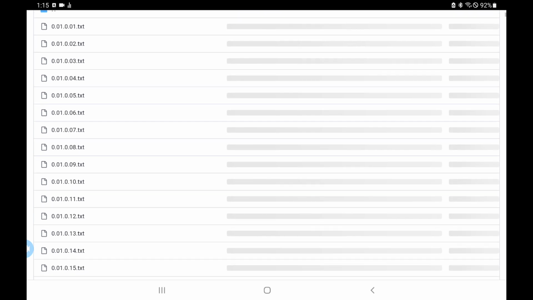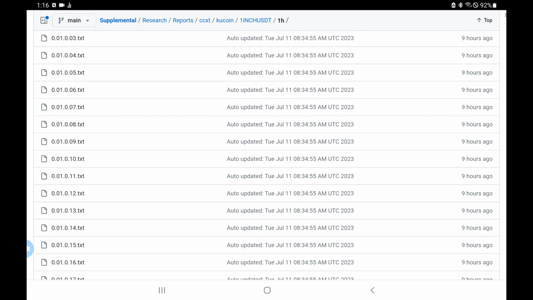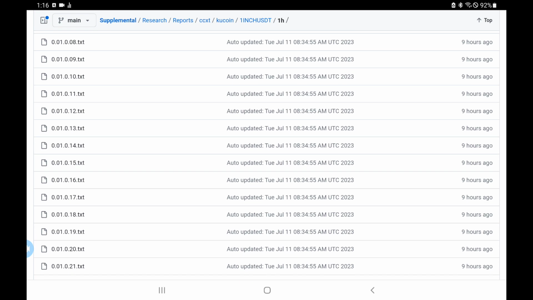These files are based upon a take profit range of 1% to 30% and a stop loss range of 1% to 50%. Numbers that I collected over the last 6 months from what people have actually been using within the market. So let's go to a 1% take profit, 20% stop loss.